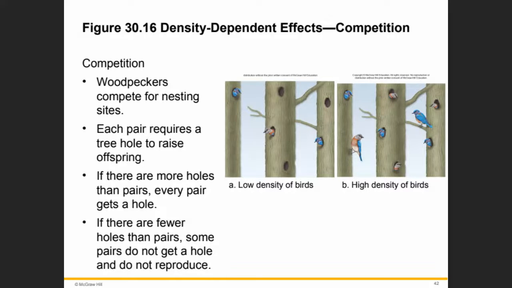So here the density dependent biotic factor is the competition for a habitat, for their little place to live, which for those woodpeckers is a hole in the tree. The intensity of the effect increases with density.